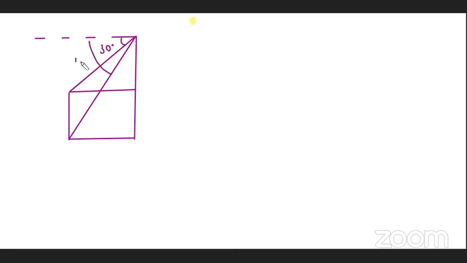The bottom angle of elevation is 45 degrees. This is 8 meters. A, B, C, D, E. All ready? All have drawn this much because I have some questions to ask.